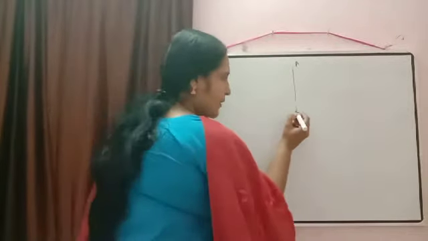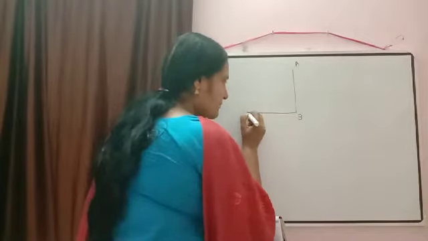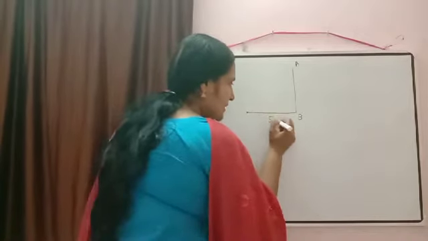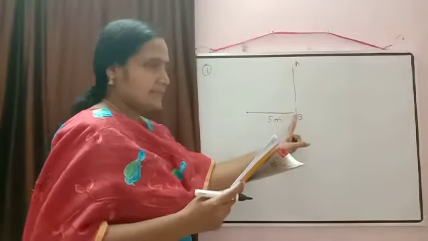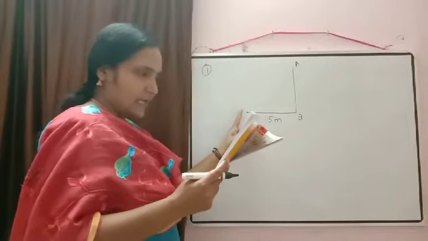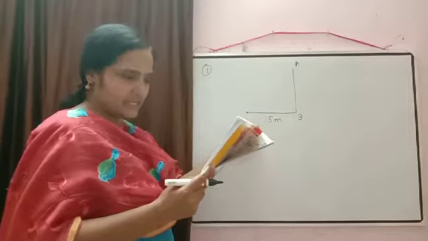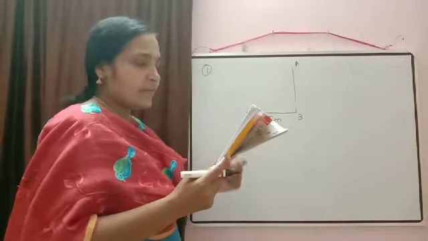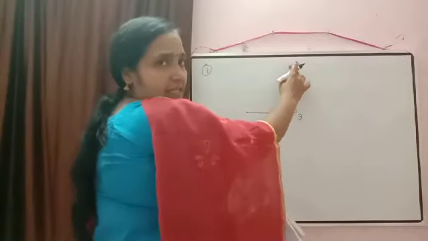The point will be here only, 15 meter away from the foot of the tower. This is the tower, this is the foot of the tower, and from a point on the ground 15 meter away from the foot of the tower, the angle of elevation of the top of the tower. This is the top of the tower.